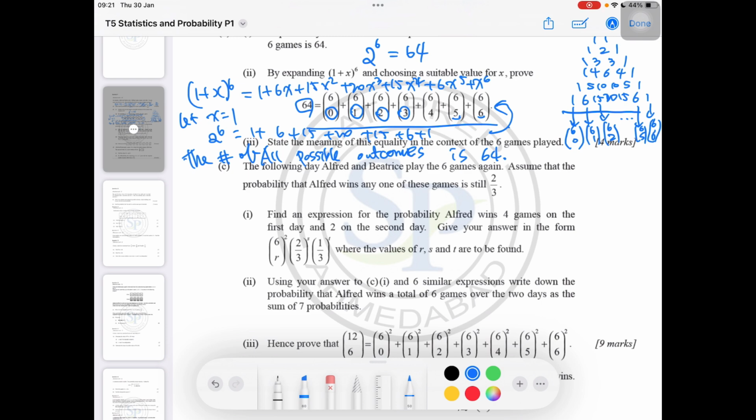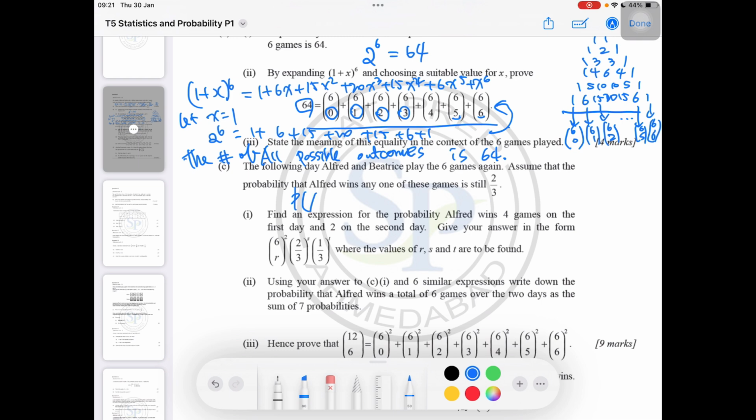So assume that Alfredo's probability is still 2/3. Find the expression for the probability that Alfred wins 4 games on the first day and 2 on the second day. Okay, so now we are assuming that the results of the 2 days are independent.